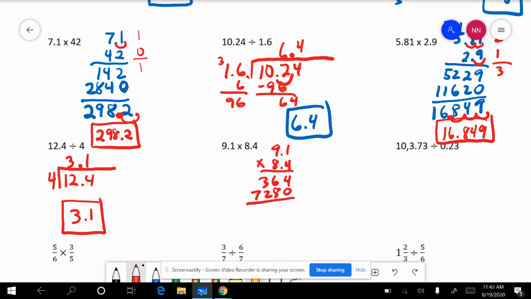I'm going to add it up. 4, 14, 6, and 7. Now I have to look for the decimal places. There's one decimal place right here. There's one decimal place right here. That's a total of 2. So I start at the end and I move it 2 decimal places. So my final answer is 76.44.